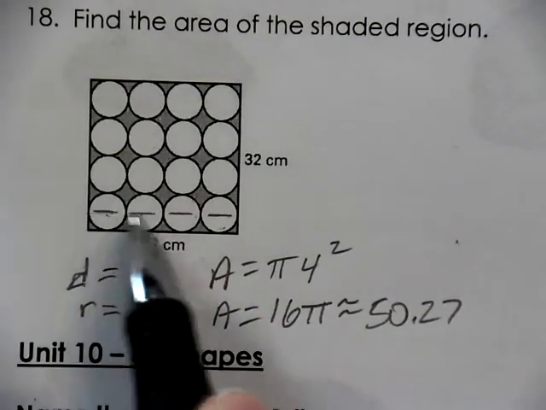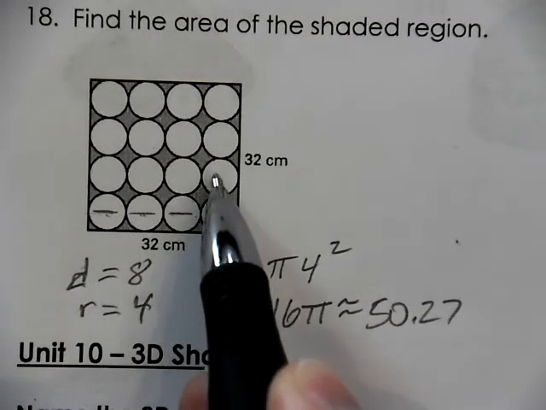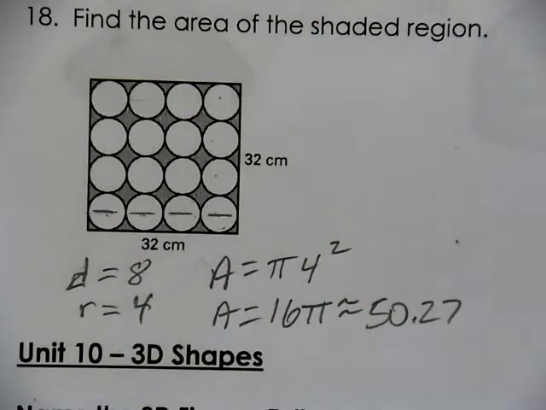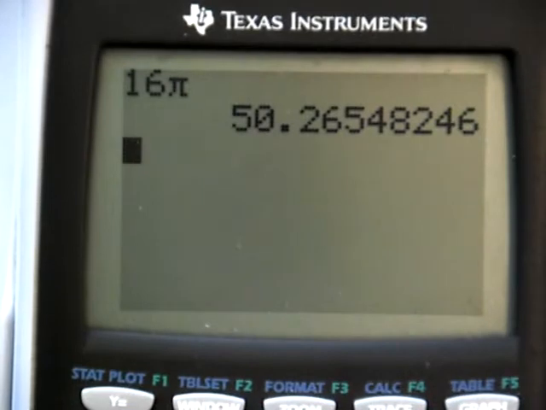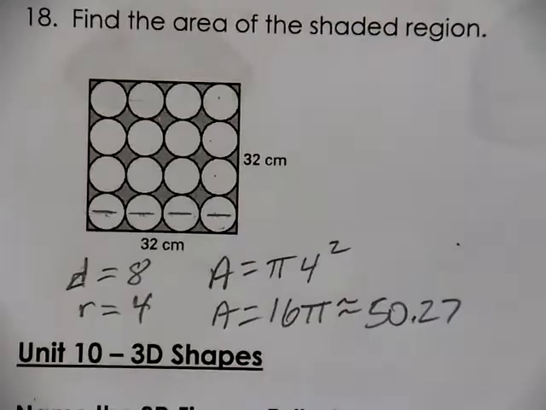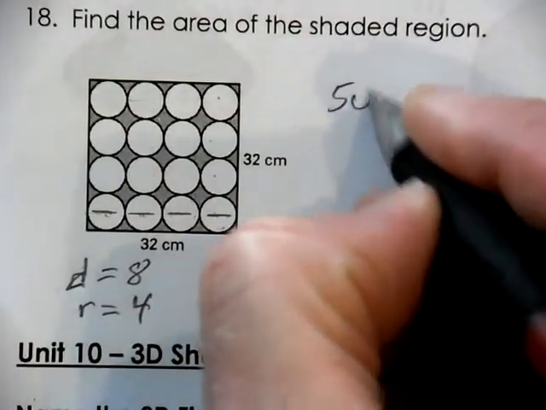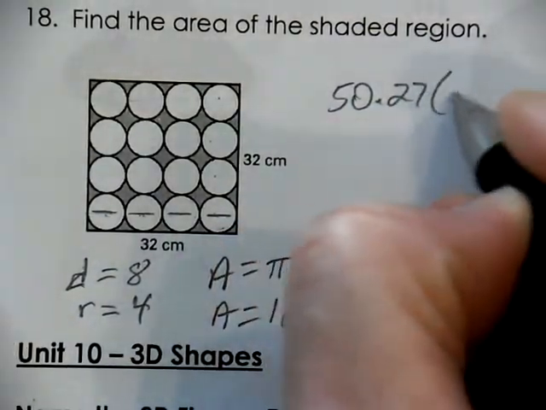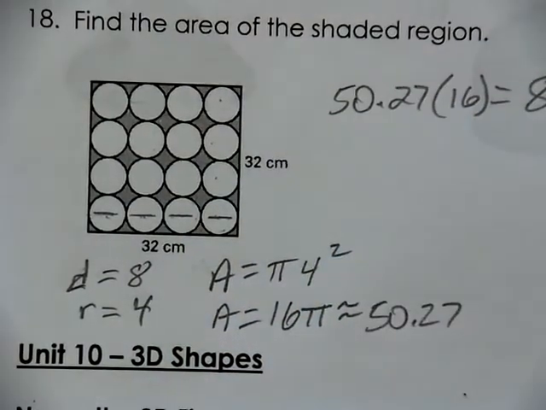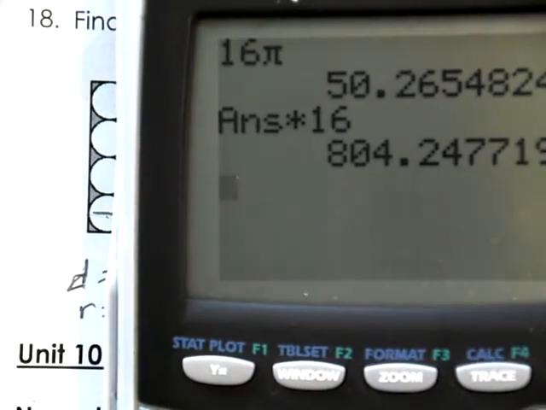Now there are 1, 2, 3, 4, 1, 2, 3, 4, so 16 circles total. So we're going to take our answer and times it by 16 because there are that many circles. Those are the amounts that we don't want. 50.27 times 16 equals 804.25.